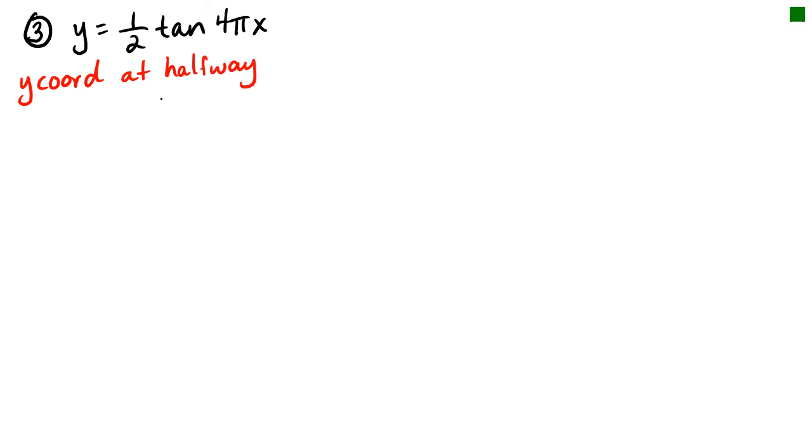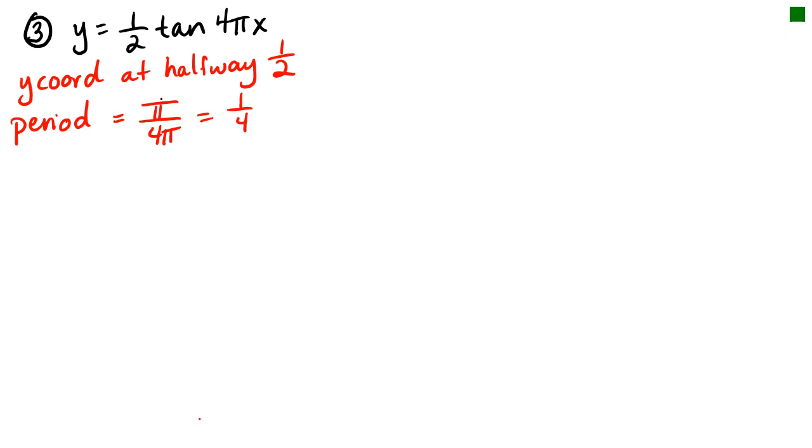So, y equals 1/2 tangent 4 pi x. All right, so the y coordinate at halfway will be 1/2. My period is going to be pi over 4 pi, which is going to be 1/4.